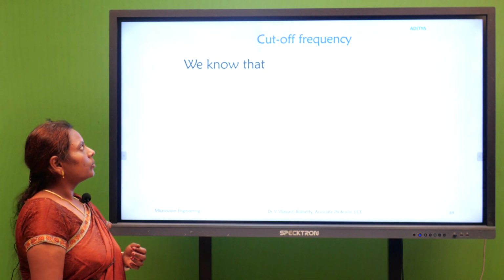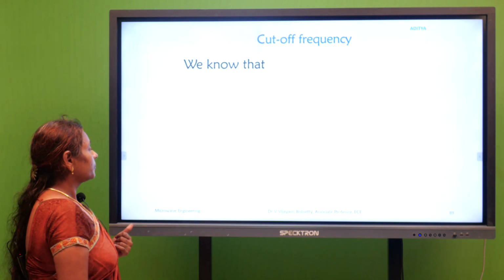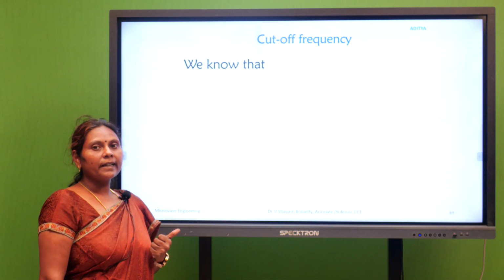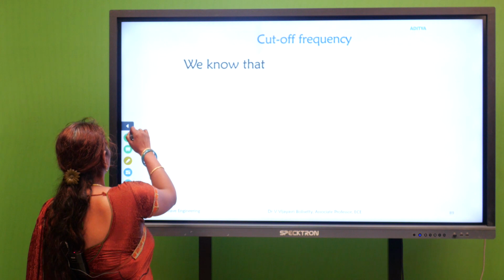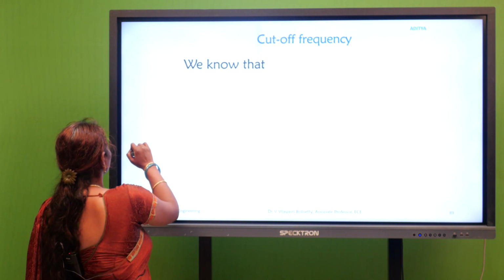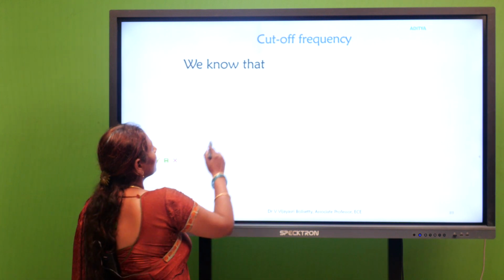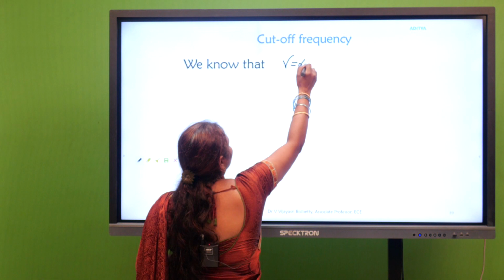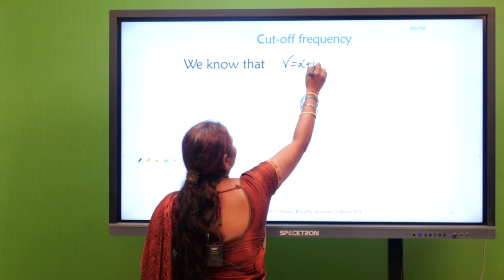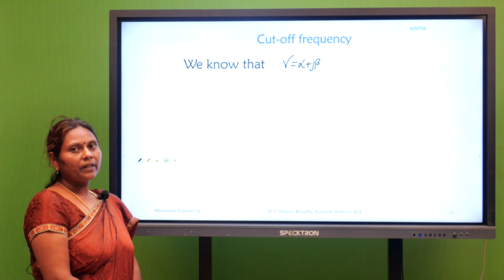Okay. So, let us derive the cutoff frequency. So, we know that the propagation constant gamma is equal to alpha plus j beta.